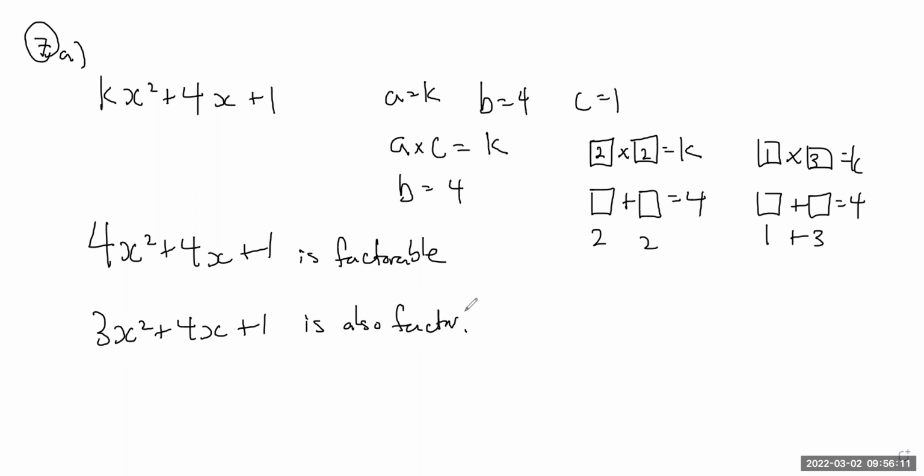So this is why, if you read number 7, it reads: for each expression, name an integer. Name one integer that would make this factorable. So if you gave me the answer 4, full marks. If you gave me the answer 3, full marks. Can you think of another example? What two numbers add to 4?